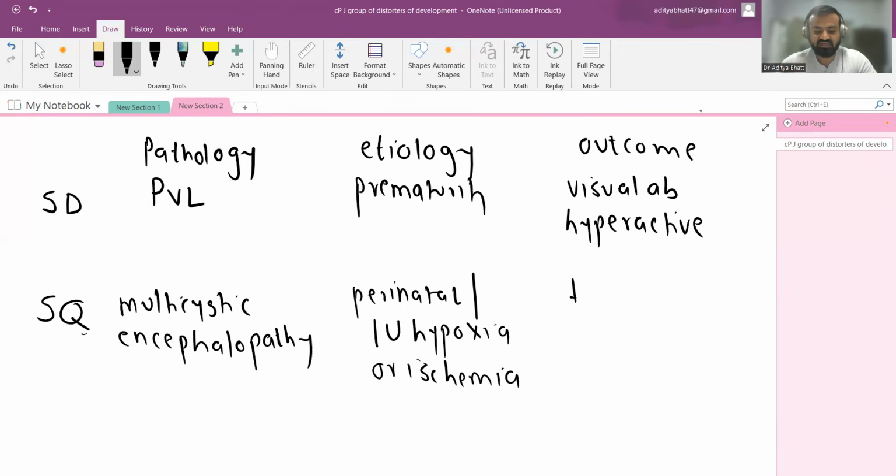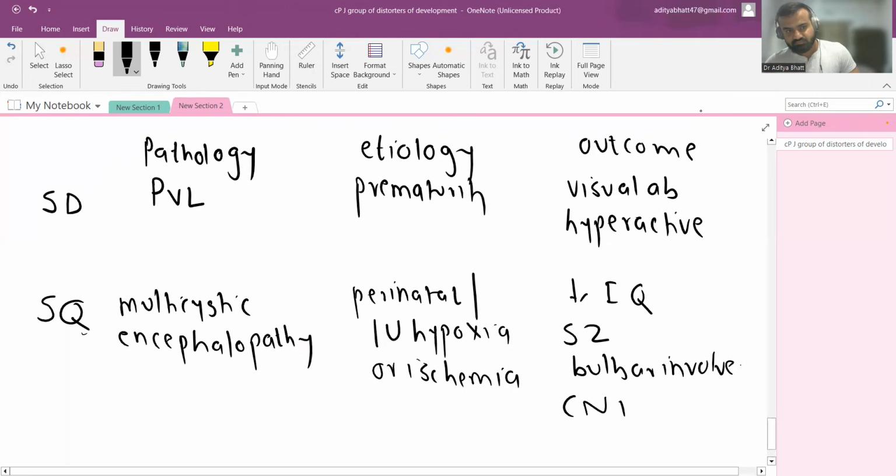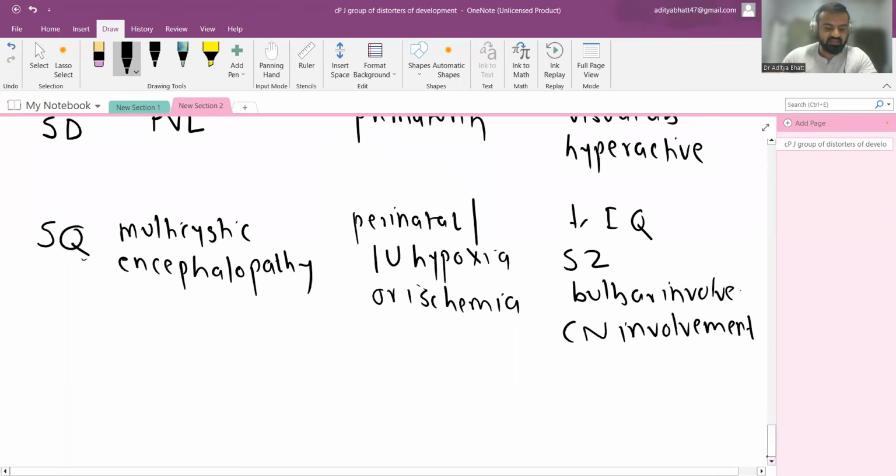And here you have decreased IQ, you have seizures, and you have bulbar involvement. You have to understand that spastic quadriplegic CP is most likely to have cranial neuropathies and bulbar involvement. If a patient has bulbar or cranial nerve involvement, the patient is more likely to have spastic quadriplegic CP.